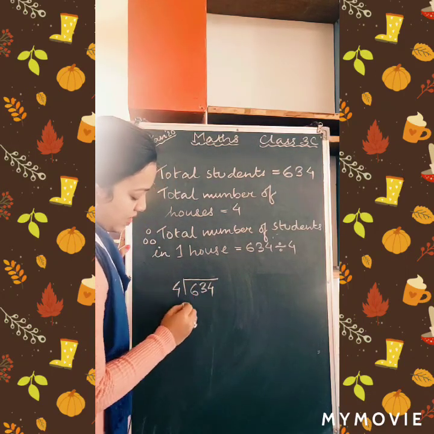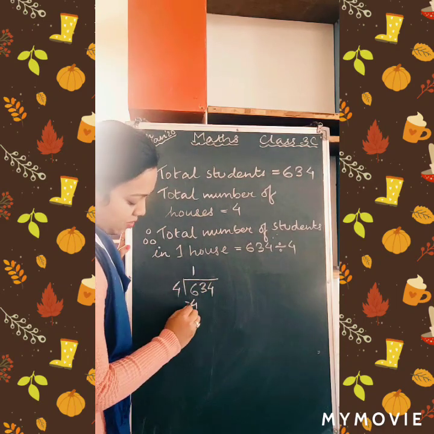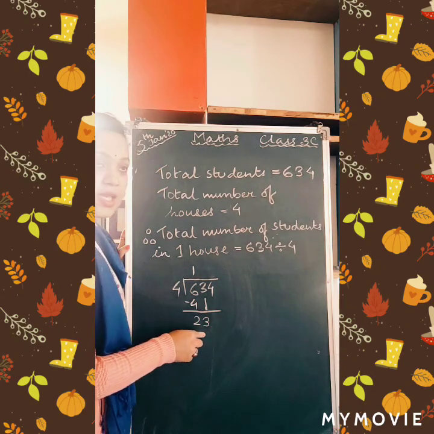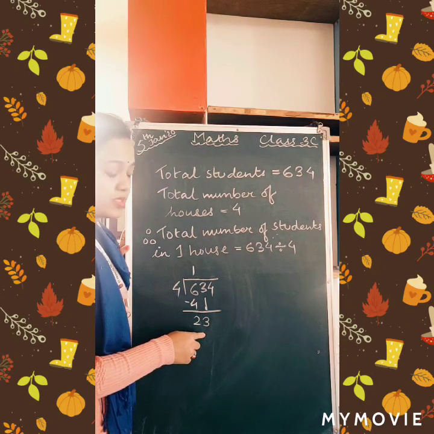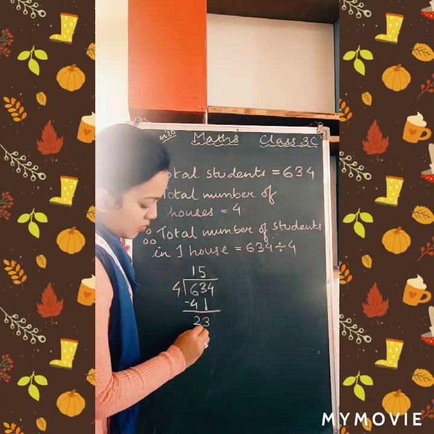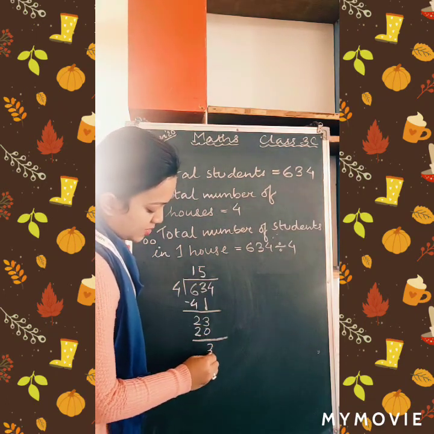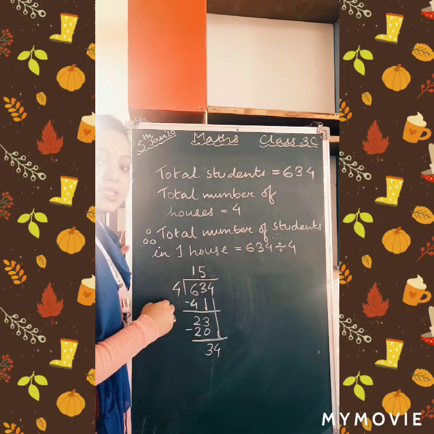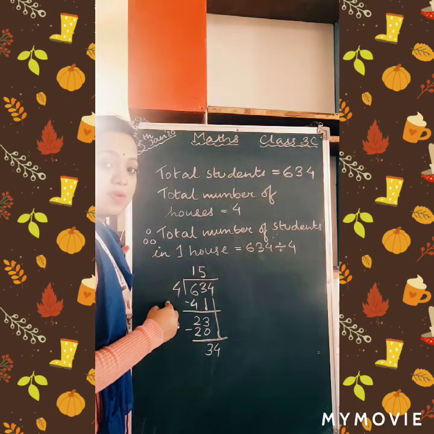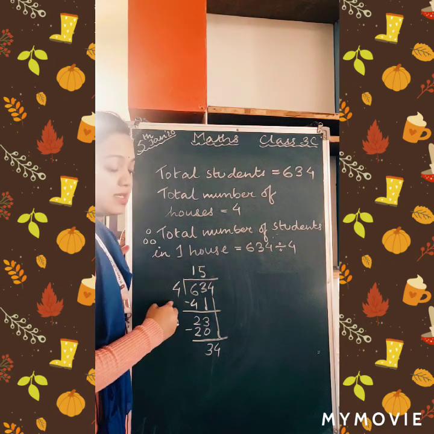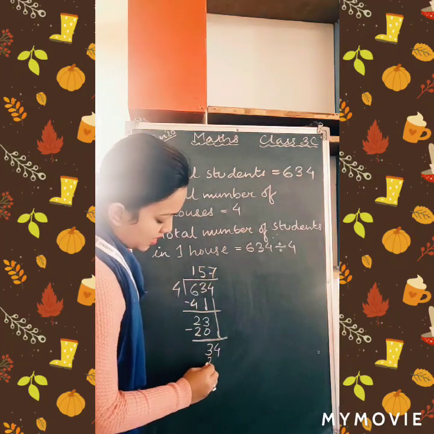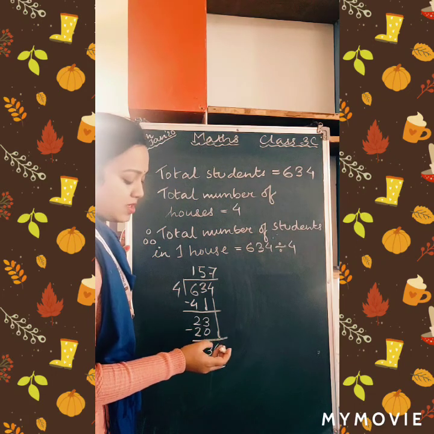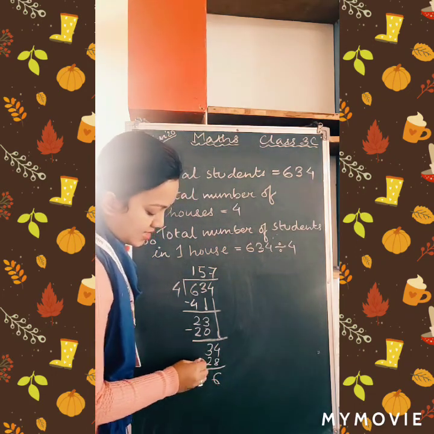So 4 ones are 4. If I minus, I get 2. Bring this 3 down, 23. So 4 6s are 24, not possible. So 4 5s are 20. So you get 3. If you minus, bring this 4 down. Again 4 6s are 24, 4 7s are 28, 4 8s are 32, not possible. So 7, 28. 28, 29, 30, 31, 32, 33, 34. So you have 6 as the remainder.